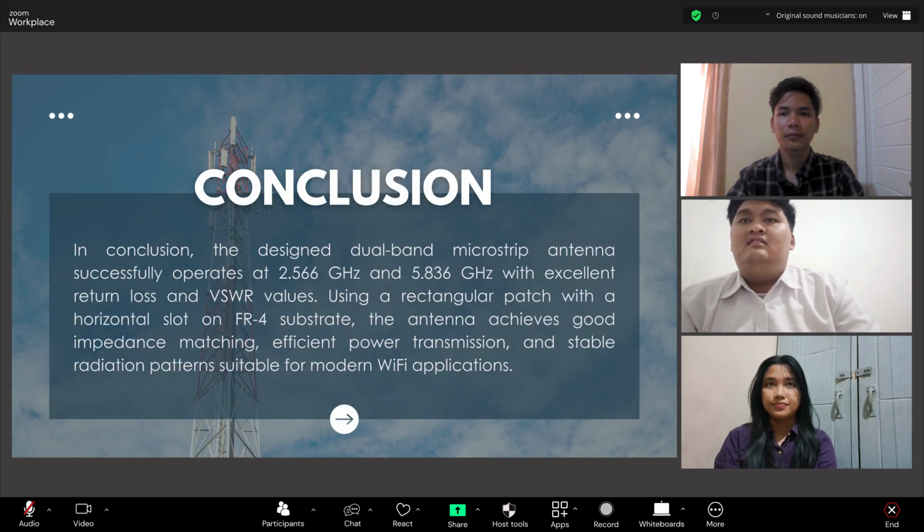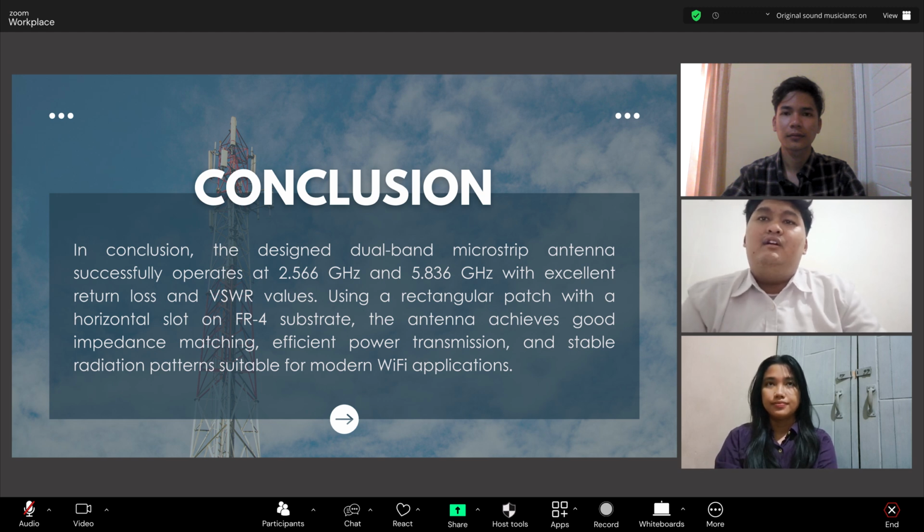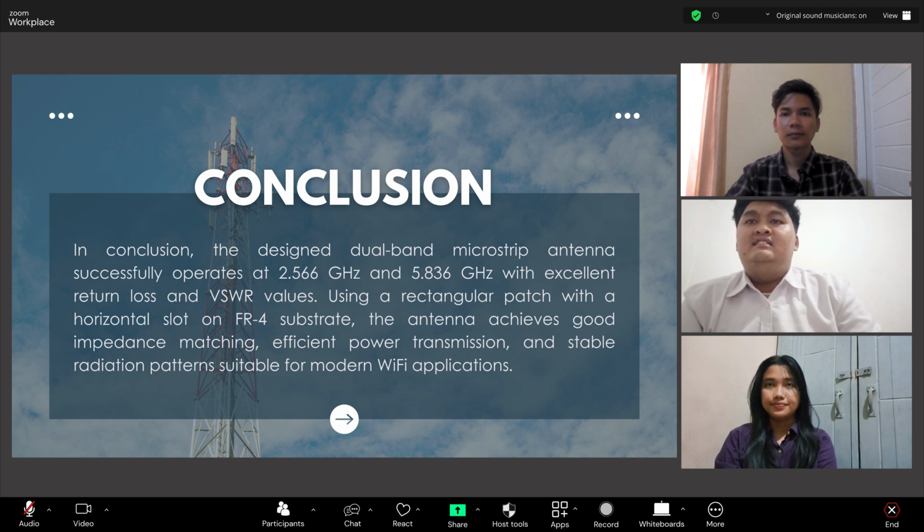Next, conclusion. The rectangular dual band microstrip antenna designed with CST software performs successfully at 2.566 GHz and 5.836 GHz. This is proven by excellent return loss and VSWR values.